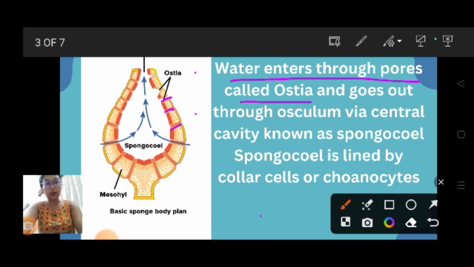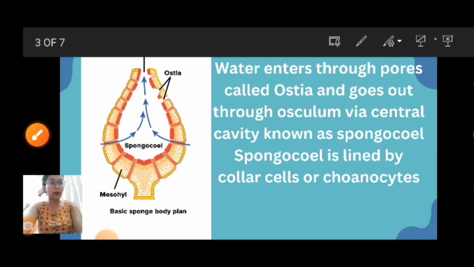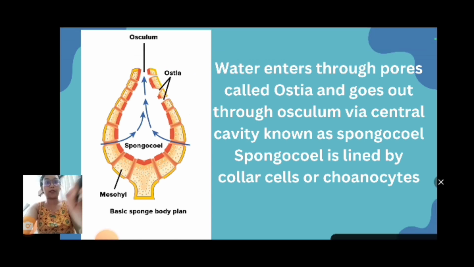Water enters through these pores, that is called your ostia. Is it clear? Then it goes out through the osculum. So here it is going out.